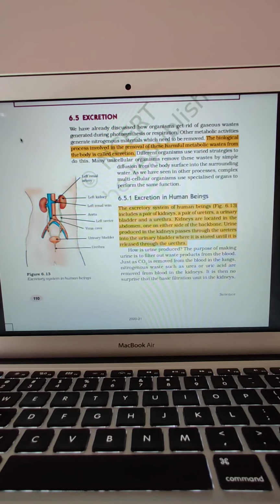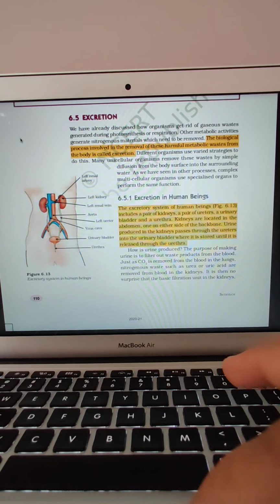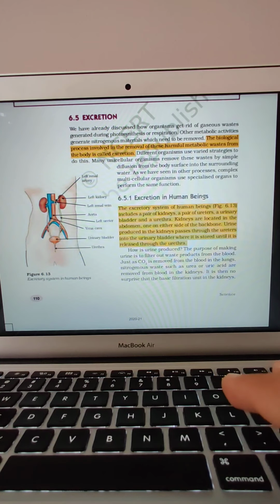Now, as you have seen in the structure of the excretory system present here, it consists of a pair of kidneys. These two kidneys are joined with a tube-like structure called the ureter, which fuses into the urethra. The blood is brought by the renal artery and taken back by the renal vein.